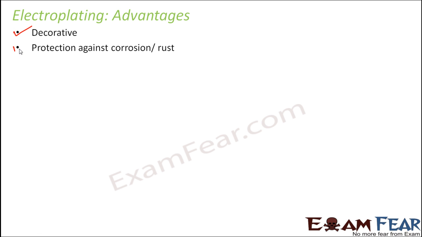It also provides protection against corrosion or rust. For example, metals like tin or zinc are not very attractive to look at. I mean, gold and silver have a shiny appearance, they look good. But tin, zinc, they do not look good, but they are protective in nature. That is, they do not react with water or air, so they can provide protection against corrosion or rusting.